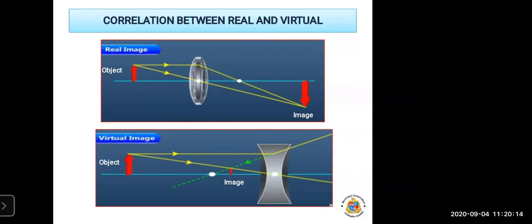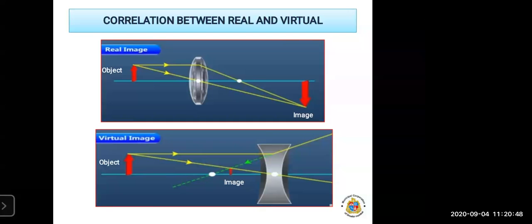Remember, what about the virtual image? Again the same rule: when the incident rays are parallel to the principal axis, in a concave lens, what will happen? The light rays get diverged, okay, and go backward. The object is always placed on the left hand side, and the image is formed where the refracted light rays intersect.